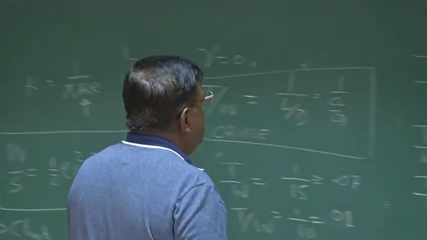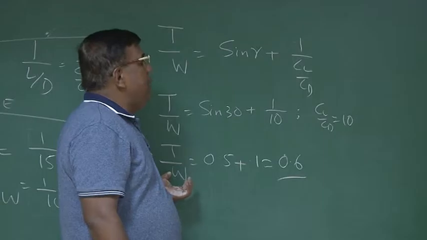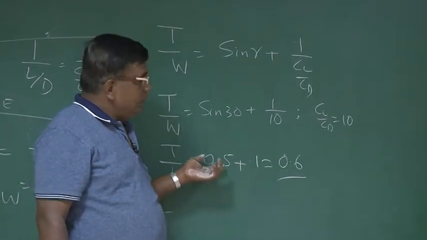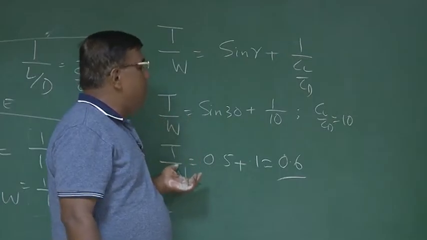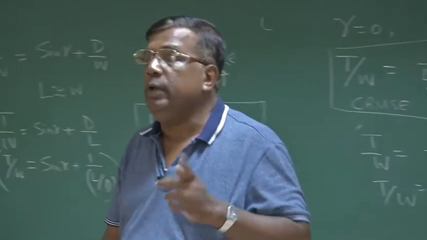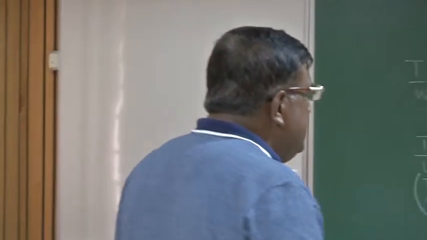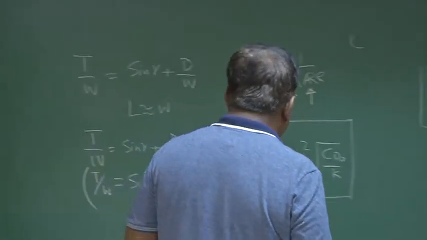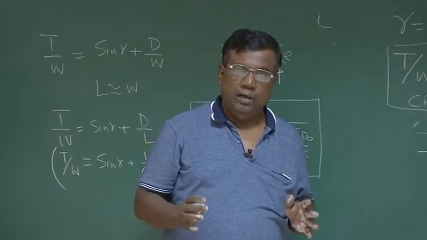If I change gamma to a lesser value, the T by W requirement will be less. So depending upon what gamma you are flying, the T by W will be the deciding factor. And remember, we are assuming that it is climbing at a steady speed, no acceleration. So this will give you an idea about how to select T by W for your airplane depending upon requirement.